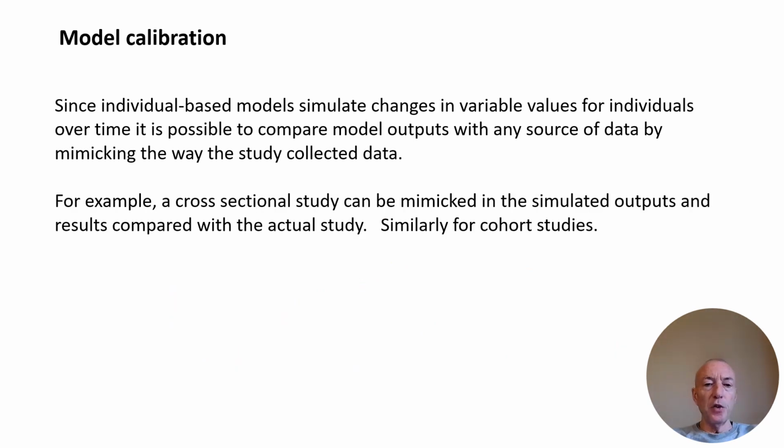Now, since individual-based models simulate changes in variable values for individuals over time, it is possible to compare model outputs with any source of data by mimicking the way the study collected data and analysing the model outputs in that way. For example, a cross-sectional study can be mimicked in the simulated outputs and results compared with the actual study. And similarly, for cohort studies, you can actually reproduce longitudinal analyses that were done in a cohort study.